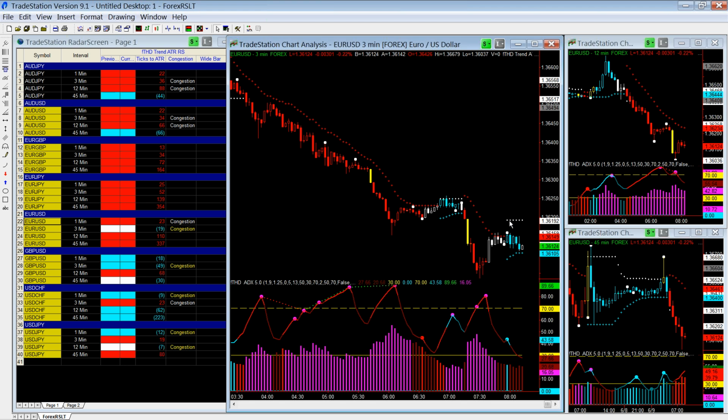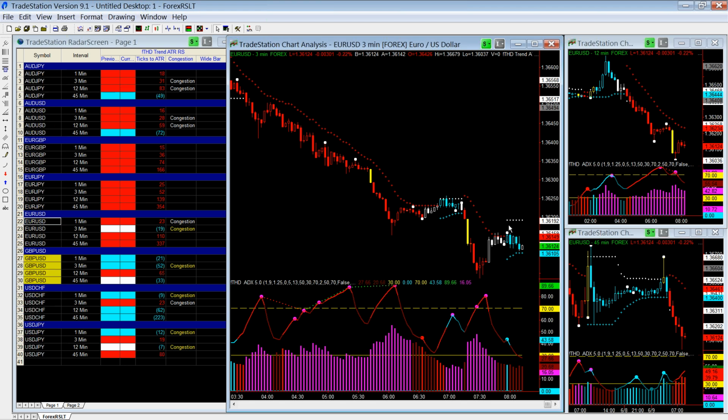We also have the congestion dots, and this is when price closes above the ATR, but it does it with a lack of conviction. So that means that yes, technically it flipped the ATR, but it didn't do it with passion, okay? So because it had no passion, we give you the congestion dots up here.